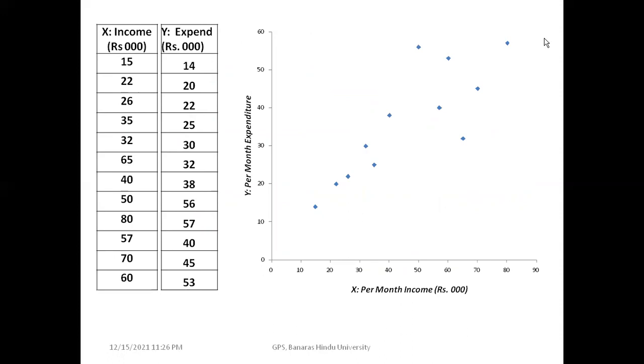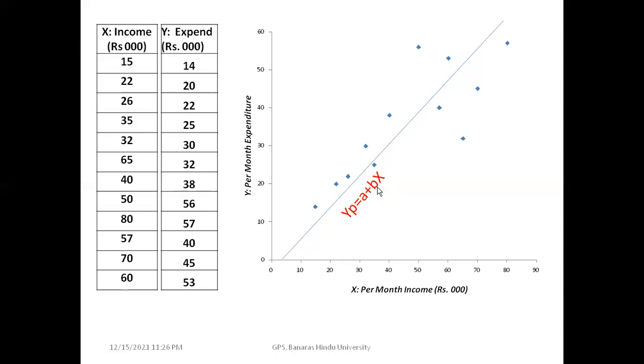Now we try to draw a line among the points. We want to know the slope of this line and where this line cuts. These are called the intercept and slope, beta 0 and beta 1, where beta 0 is written as A and beta 1 is written as B.